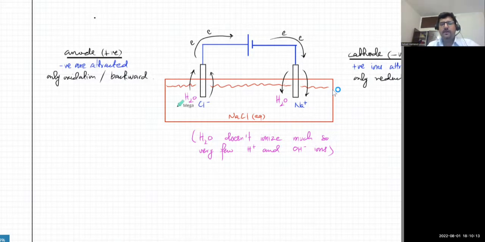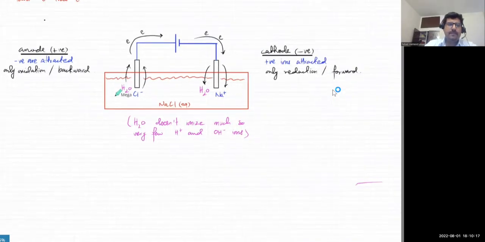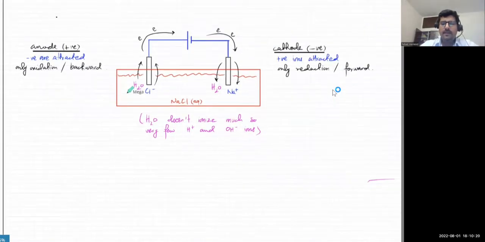So who are your options? If I open the data booklet, there's Na plus 1, there's H2O, right? And they're going to gain electrons. So I'm going to look for equations where they gain electrons.